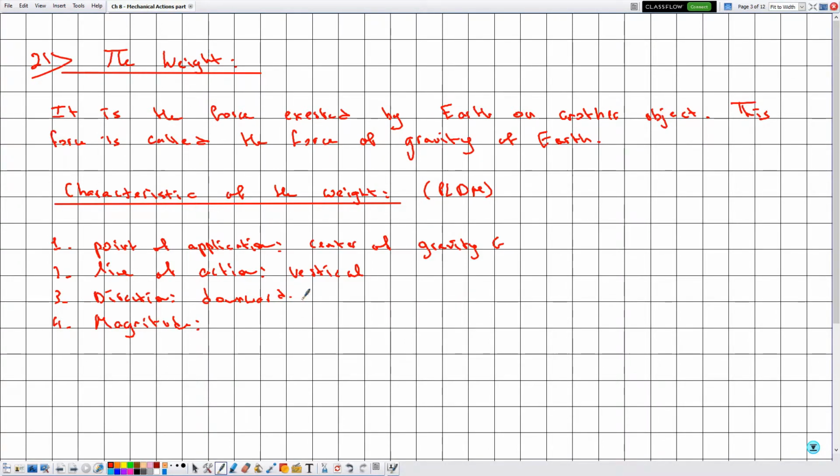Now as for the magnitude, here we can open the following discussion. The magnitude of the weight can be determined using several different methods. The magnitude of the weight is calculated using one or more of the following methods.